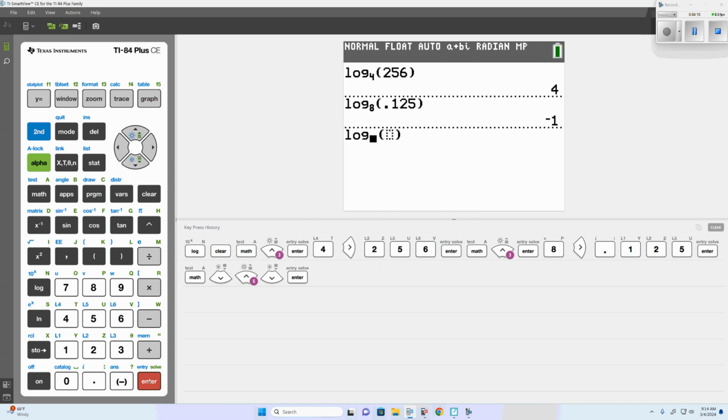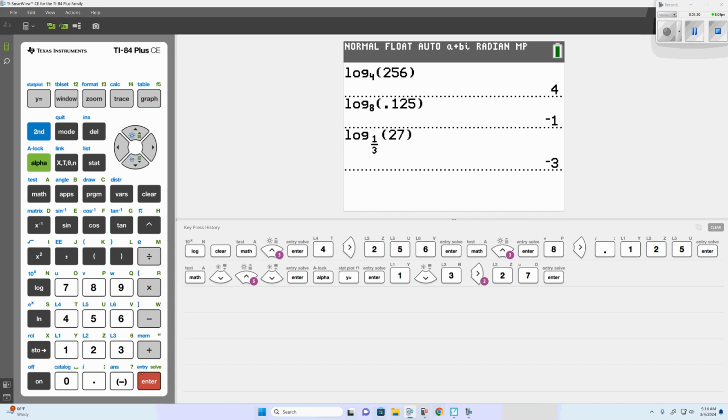There's 2 ways we can do this. If we want to type it in as a fraction, alpha y equals enter. 1/3, log base 1/3 of 27 is alpha y equals enter.